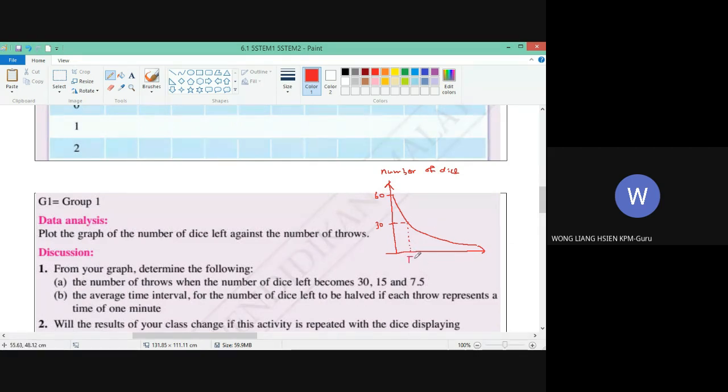How long does it take for the 60 dice to reduce until 30 dice? And then how long does it take for 30 dice to reduce until 15 dice? We will find that this time is roughly the same. So for example, this time is let's say 5 minutes.